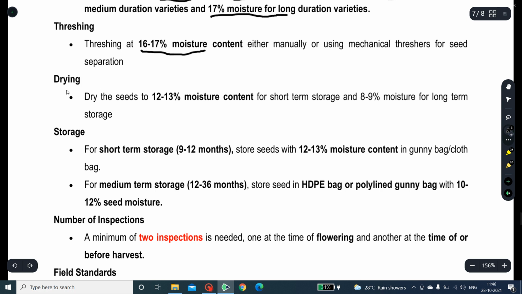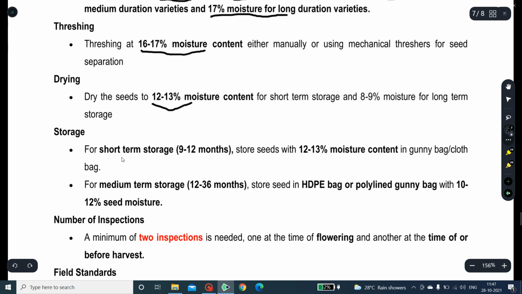During the drying process, the seeds are dried to a moisture content of 12 to 13% for short term storage and 8 to 9% for long term storage.